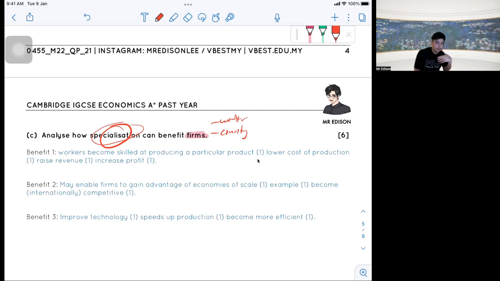If you keep on doing the same thing over and over again, you make fewer mistakes. You make fewer mistakes, then you have lower wastage. Lower wastage, lower cost of production. Yeah, you can explain it this way. And raise revenue and raise profit. Yeah, they actually give you like 1 mark for each of them. It's so easy to get marks.